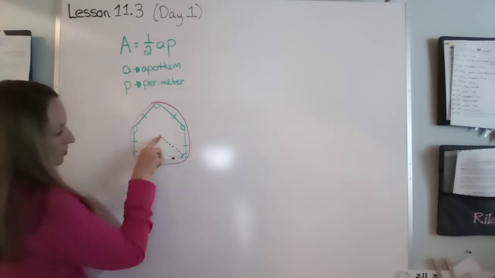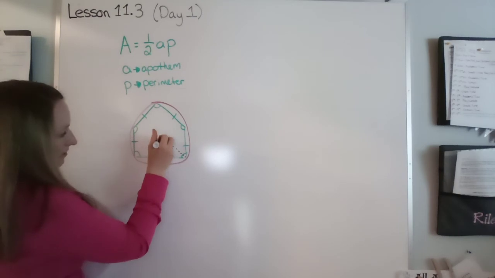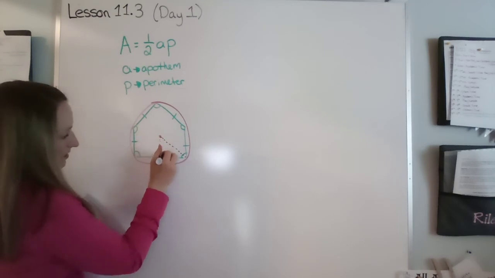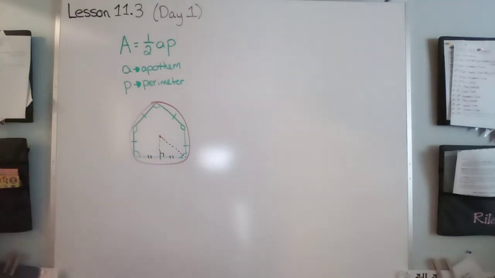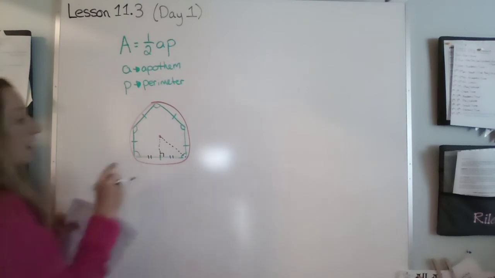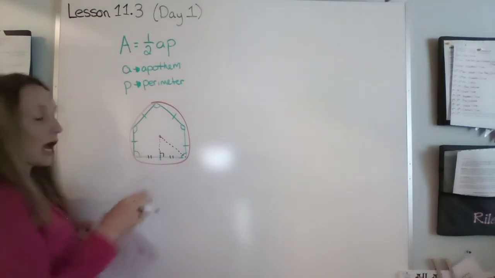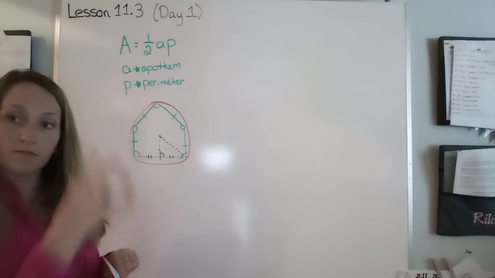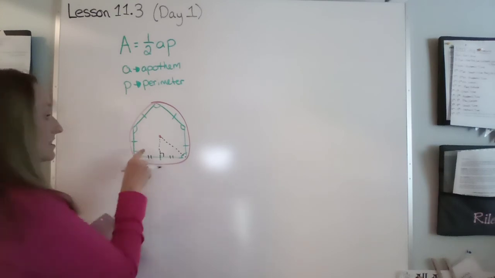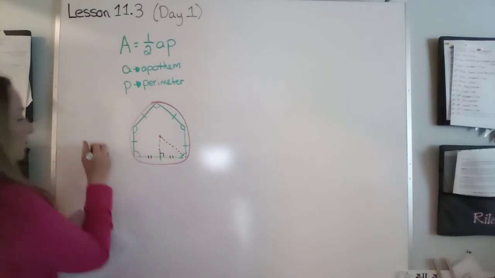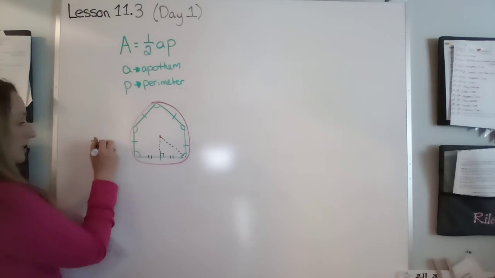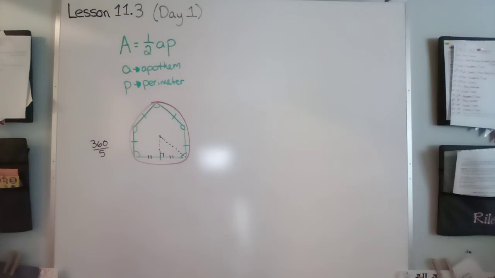My apothem goes from the center straight down, is perpendicular, and bisects that side. Now let's do what we did in the last problem. If this is a 5-sided figure, how many central angles are there? 5. Okay. So what is the measure of each central angle?